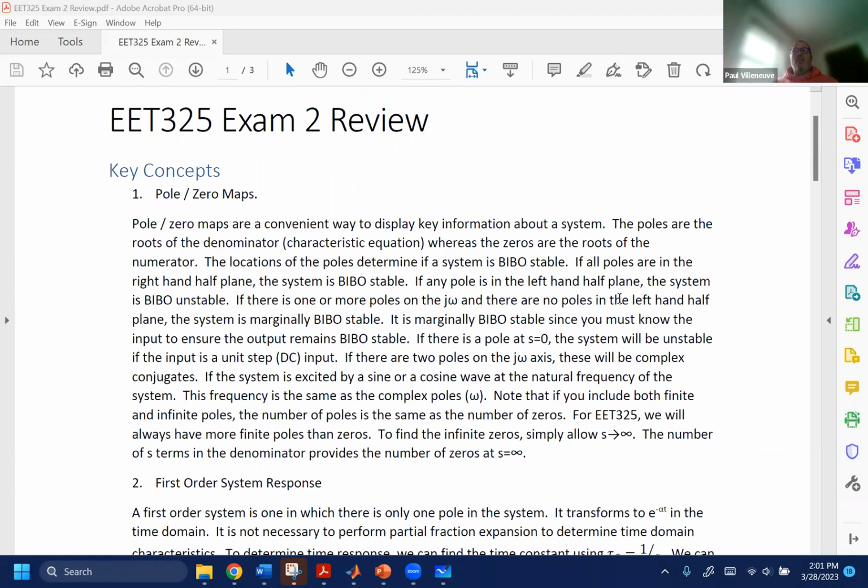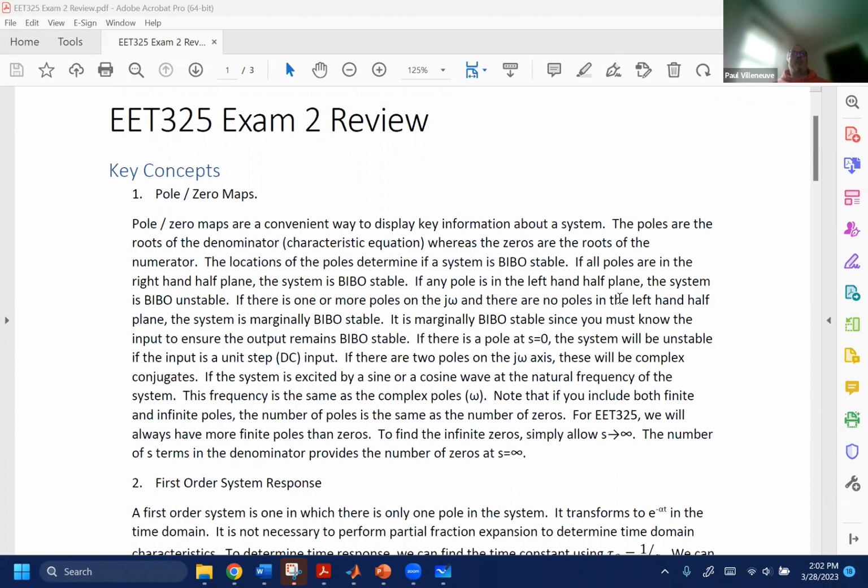If you have any pole, so it's any pole, not all, but any pole in the right-hand half plane, you have an unstable system. And then if you have any pole on the j omega axis, you are marginally stable. The reason why you are marginally stable is because you need to know what the input is to make sure that your system remains stable.